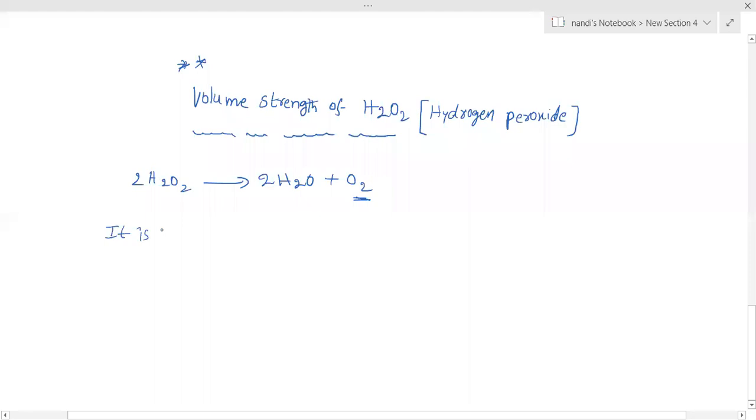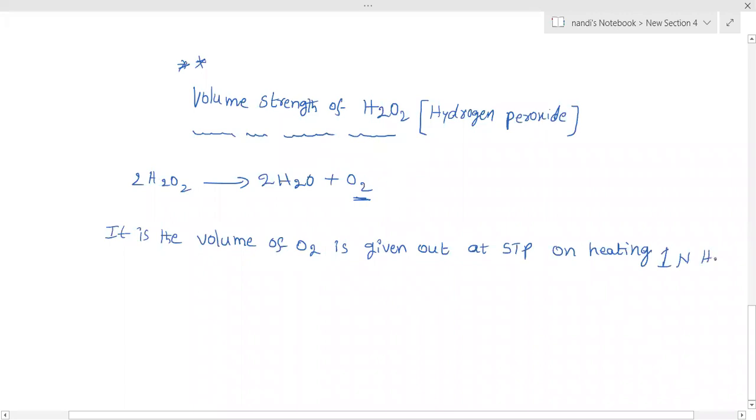It is the volume of O2 given out at STP on heating 1 N H2O2 solution.